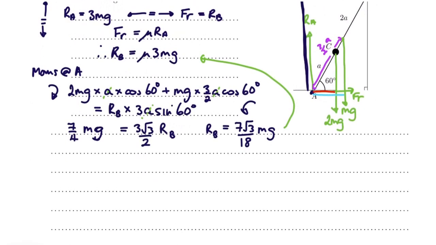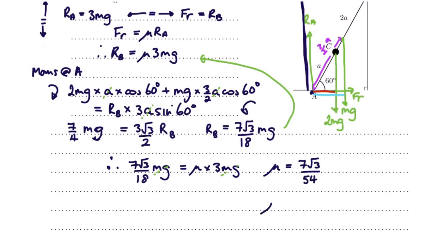Now, notice we can now put that back in this top one. So you end up with 7√3/18 mg equals mu times 3mg. Notice you've got mg in both, so those now cancel, and divide by 3, and you get your coefficient of friction, or mu, is 7√3 over 54.